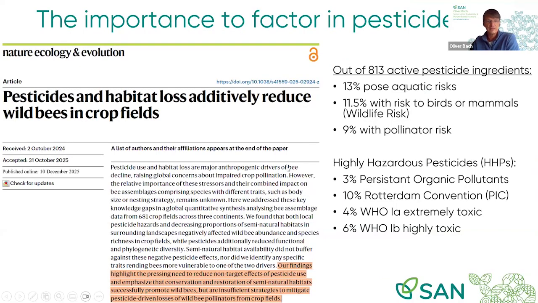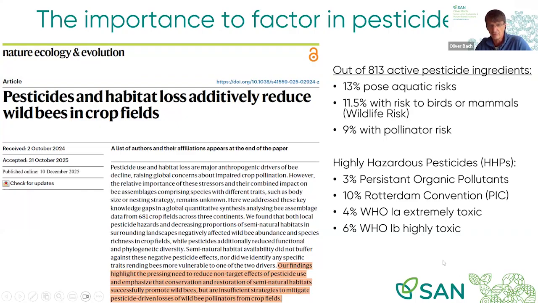There's one thing before I hand over again to Danielle that I would like to flag. We should not underestimate the effect of pesticides. As you can see on the right, out of more than 800 currently active pesticide ingredients, there's a lot, around 9 to 13% with environmental risk. And there's also quite some that are categorized as highly hazardous pesticides.